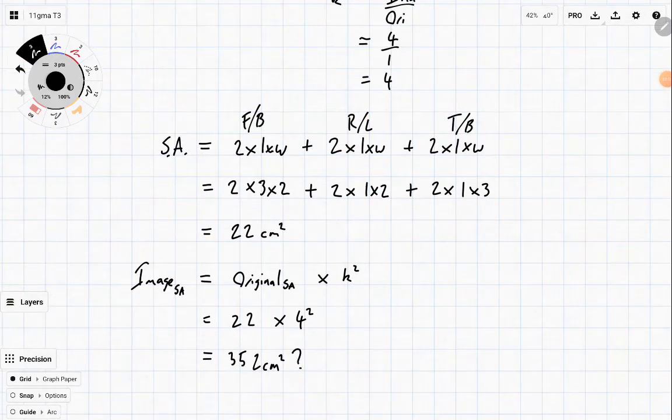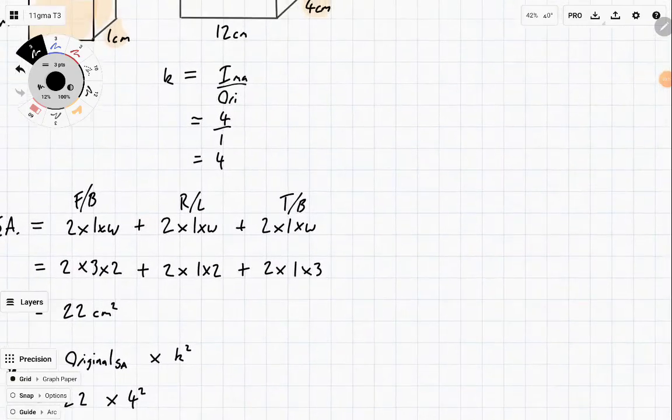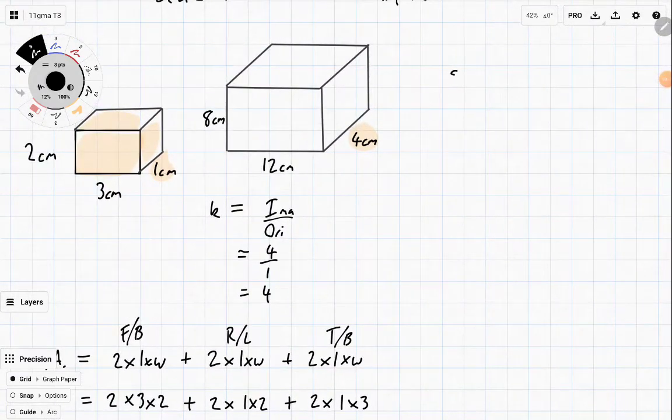Because I'm guessing that it works, but let's actually double check. We think it should be 352. Let's see. Alrighty. So for this rectangular prism over here, let's do the surface area calculation. Once again, it's going to be 2LW plus 2LW plus 2LW.